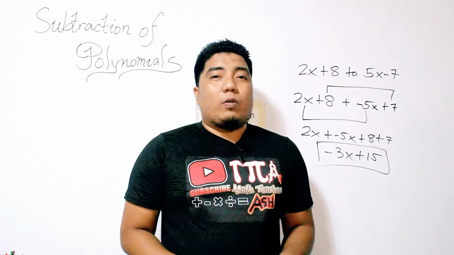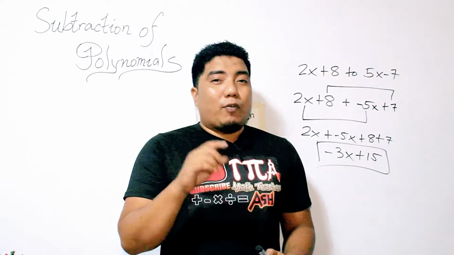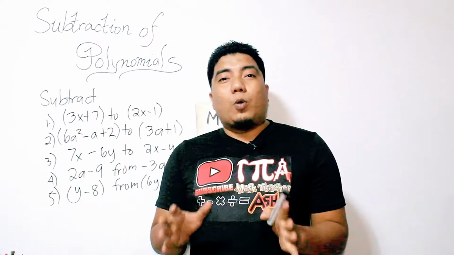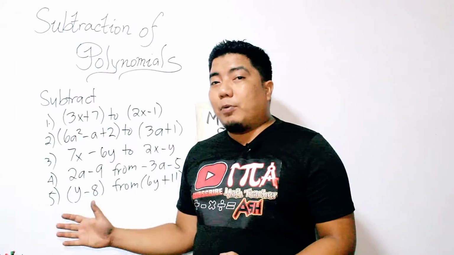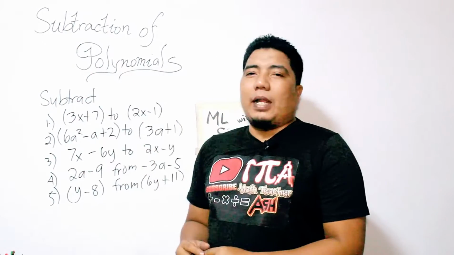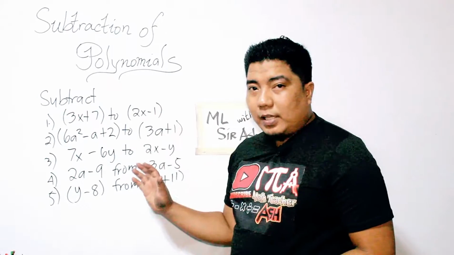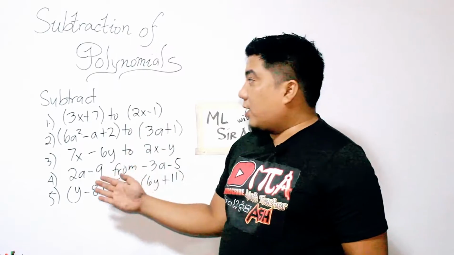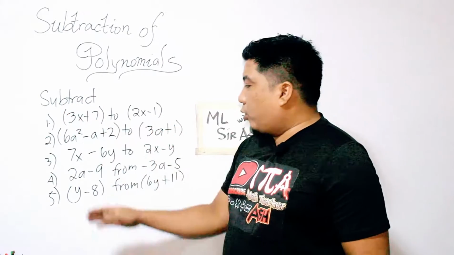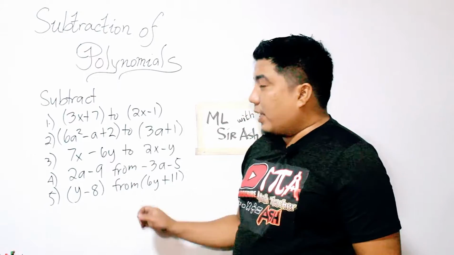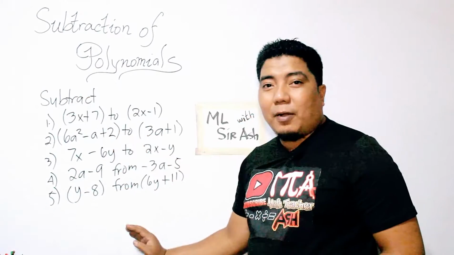Easy, right? Now, let's have some examples for you to have more concrete understanding about this topic. Okay, math learners, we have here our examples for us to have our complete understanding in subtracting polynomials. So, as you can see, there are 5 examples. 3 examples express the subtract to, and 2 examples express the subtract from.